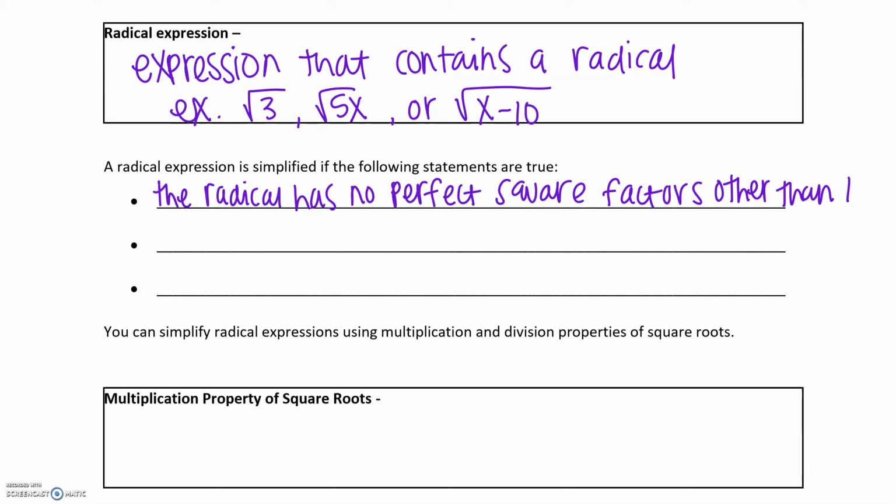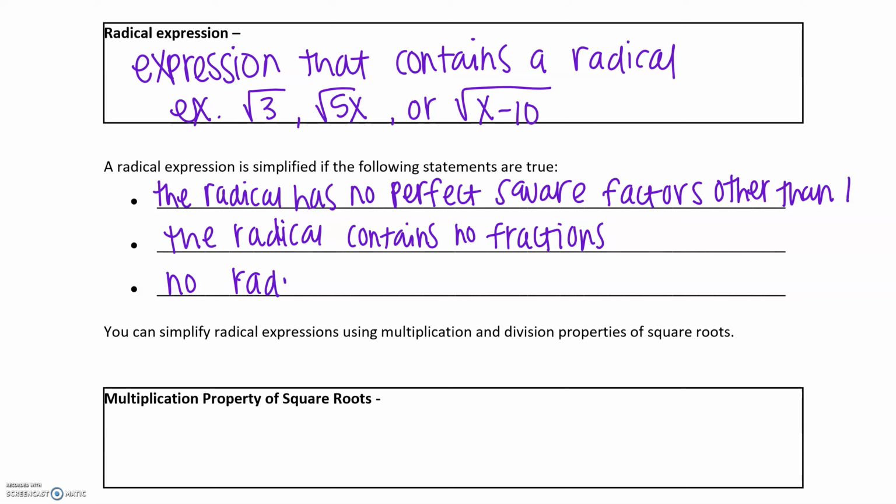We also have that the radical contains no fractions. And the last thing is that there are no radicals in the denominator of a fraction. So if we've got all of these true, that means that our expression is simplified.